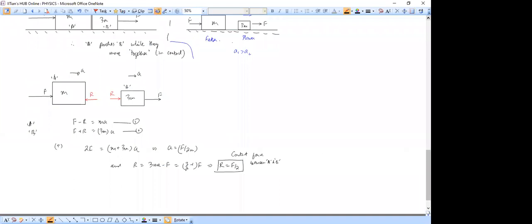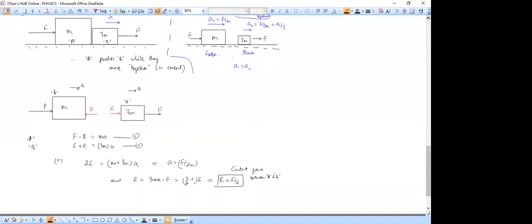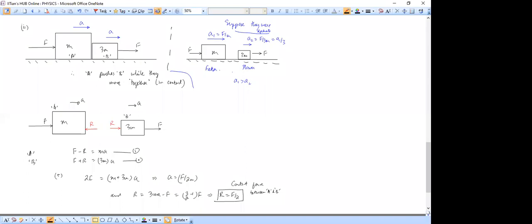Of course, there are the vertical forces also, which I have not shown in the FBD, because they are balancing each other. So that's not really necessary. There is mg and normal reaction on this one.